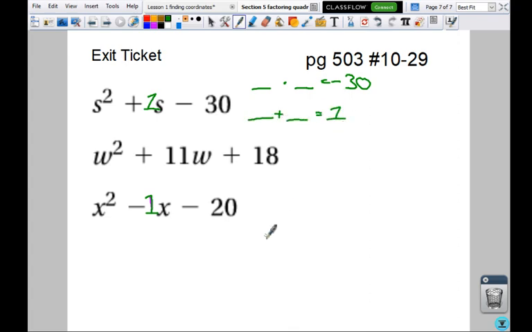What times what is negative 30 and adds up to 1? 3 times 10 equals 30. So how about negative 3? Is 10 plus negative 3 equal to 1? No, so flip it around. What if it's negative 10? Is negative 10 plus 3 equal to 1? No. So find different numbers.